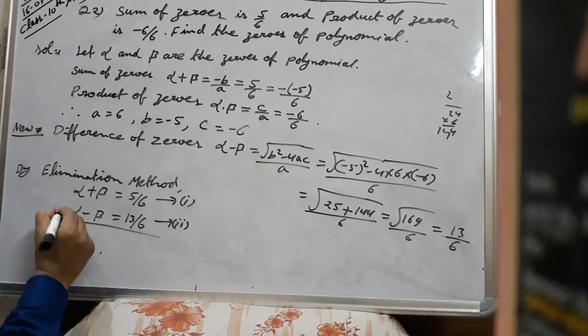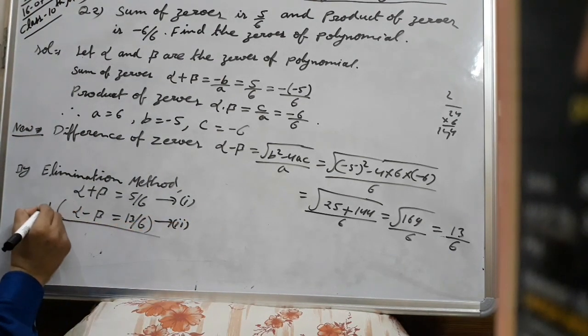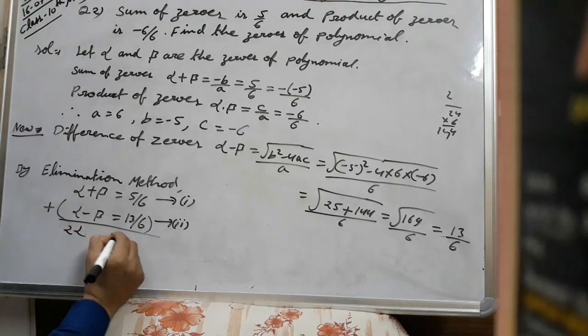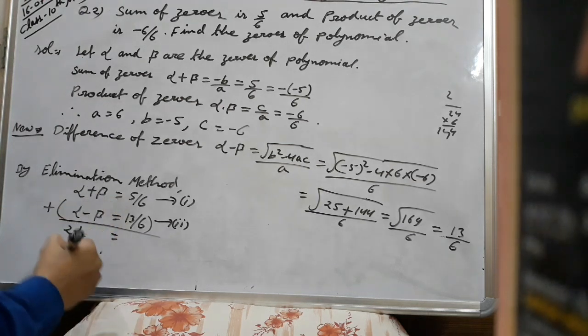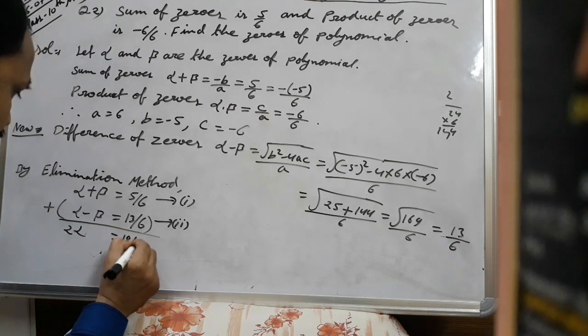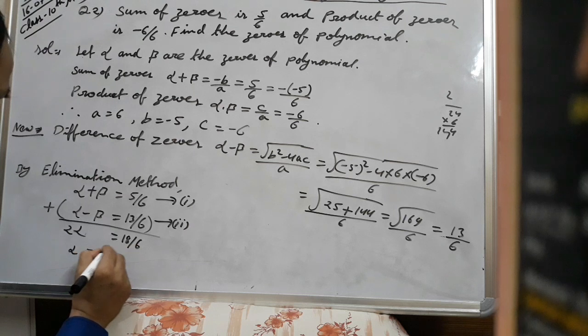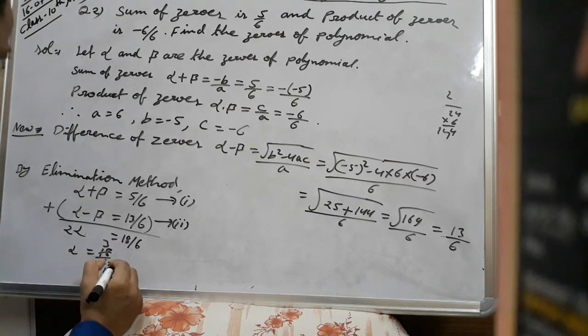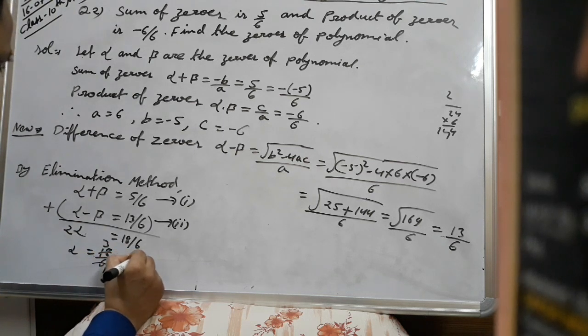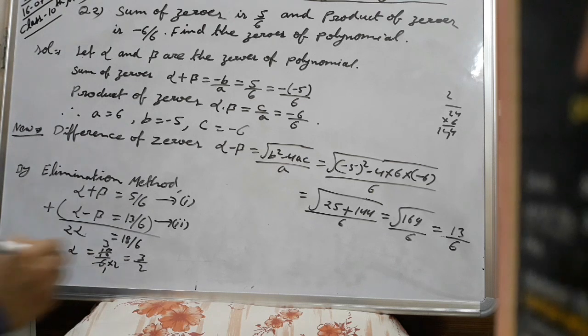Now by adding you will get 2 alpha, and here 13 plus 5, 18 by 6, or alpha is equal to 18 by 6 into 2. 6 1s are 6, 6 3s are 18. You will get 3 by 2.